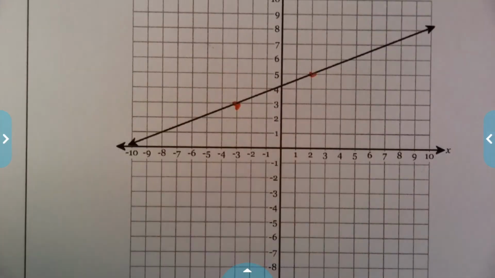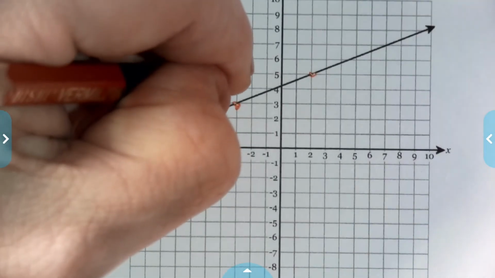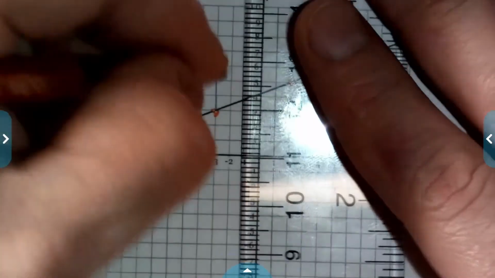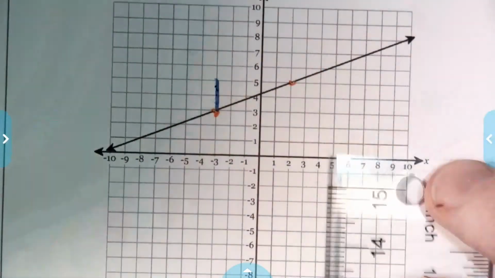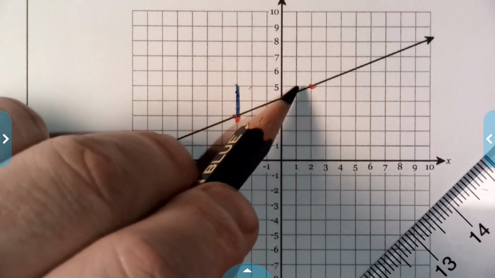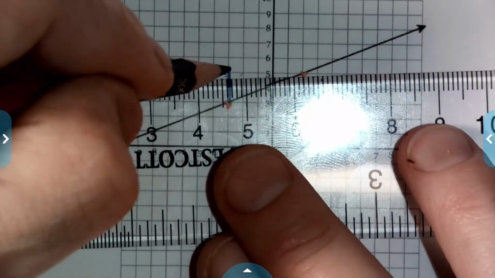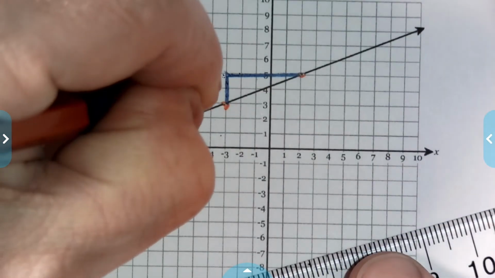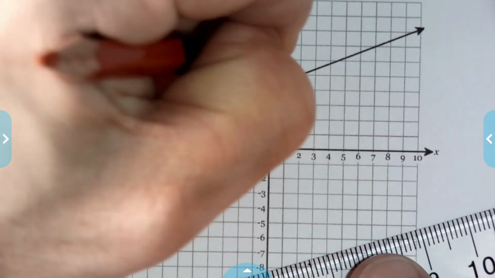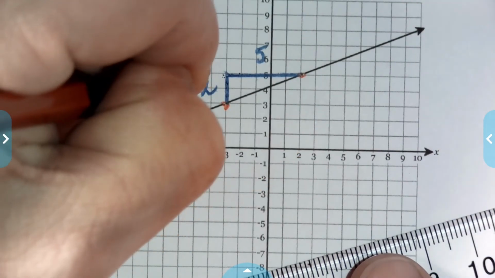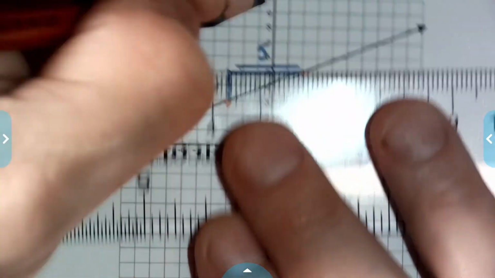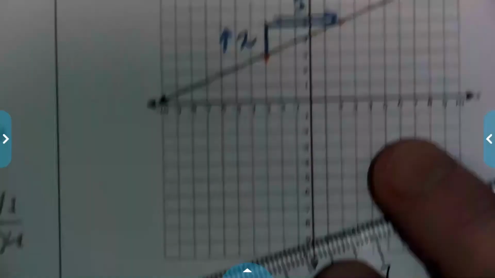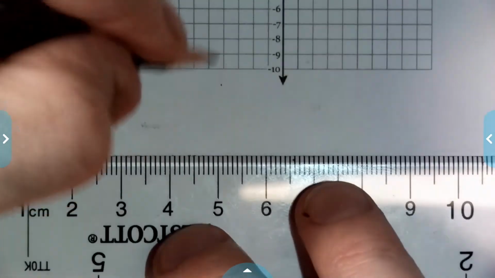Okay, so what I'm going to do is say, well, I'm going up 2, and then over 1, 2, 3, 4, 5, over 5. Okay, so this should be 2 and 5. Up 2, and then right 5. Okay. Now the slope will be 2/5.